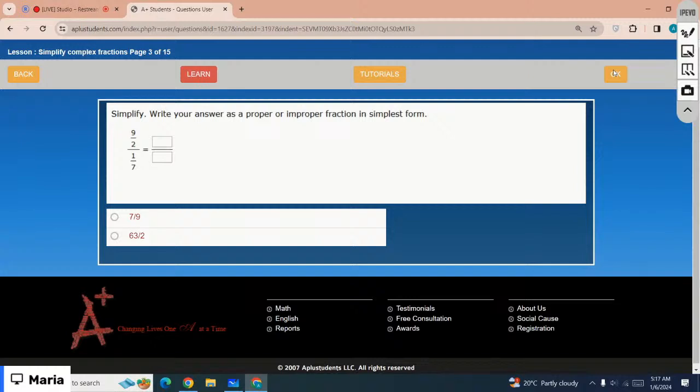Simplify. Write your answer as a proper or improper fraction in simplest form. 9 over 2 divided by 1 over 7. So which is the correct option?